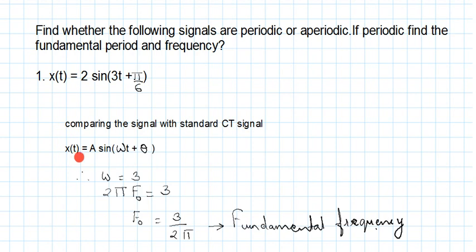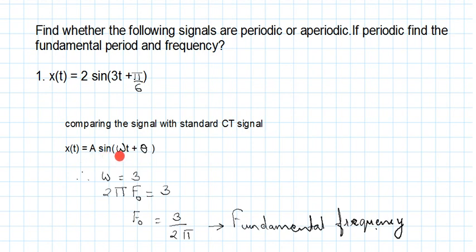Now let me compare the given signal x(t) with the standard signal. When I compare, what do I understand? The amplitude A is 2, omega is 3, and theta is pi/6, where theta is the phase of the signal. Omega is the frequency in radians, and A indicates the amplitude. The quantity of interest to me is the frequency omega.